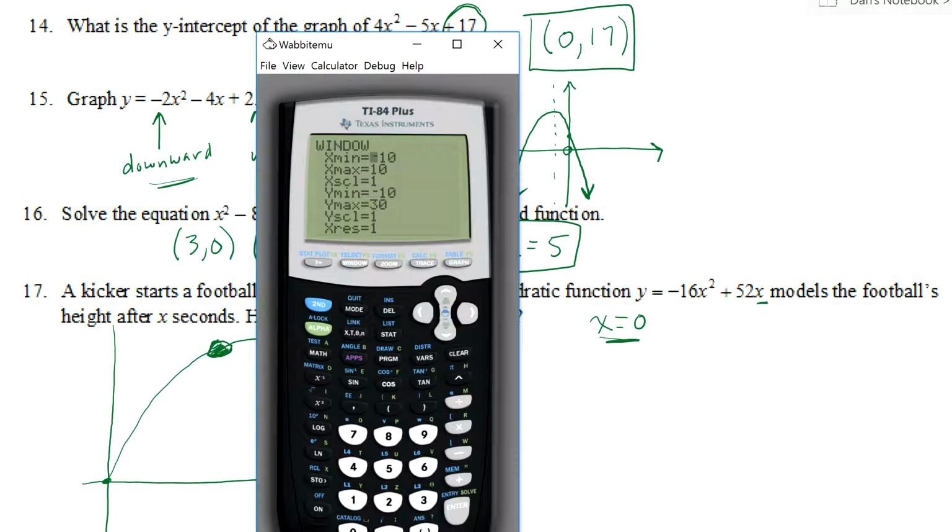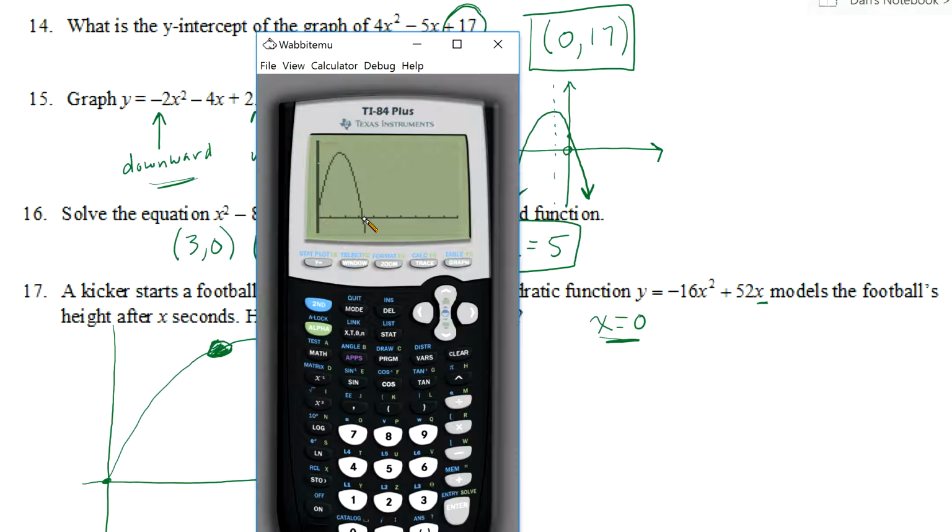Since my x is my time, I'm not going to go negative seconds, so I'm starting that at 0. I'll change it to 50 feet in the air. There we go. So now I'm going from 0 to 10 seconds, and from negative 10 to 50 feet in the air.